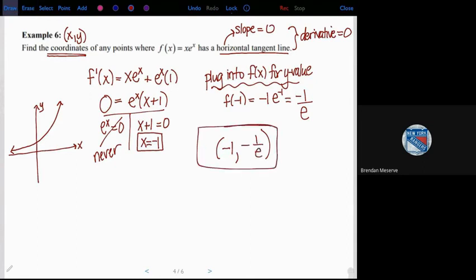There we go. And that's my coordinate. So what that means is if we were to look at the function x e to the x, at -1, -1 over e, we would see that there's a turning point in the graph where we would be able to sneak in a horizontal tangent.